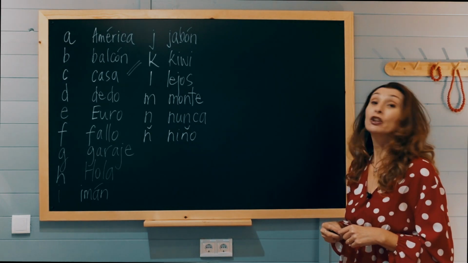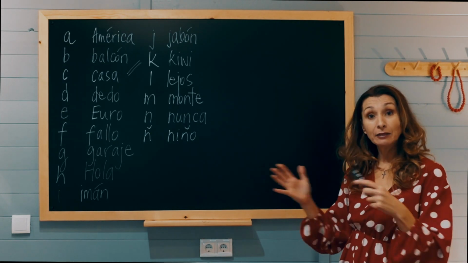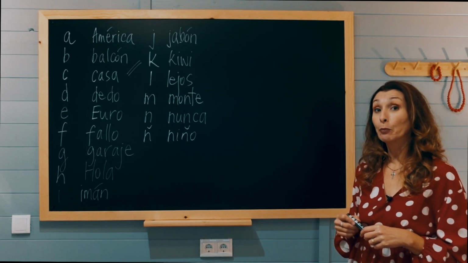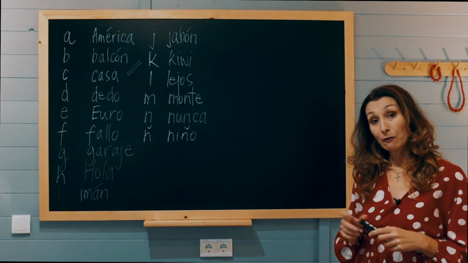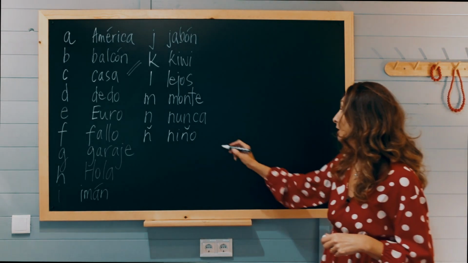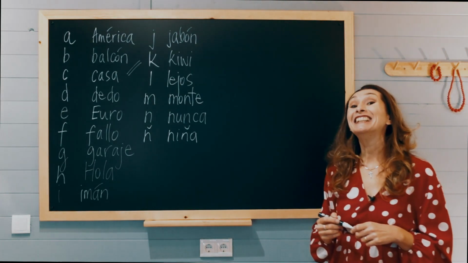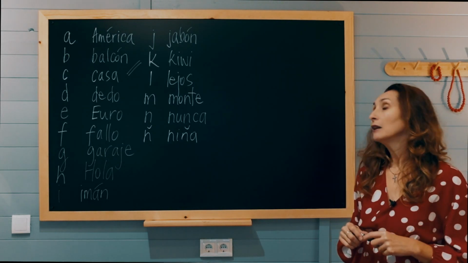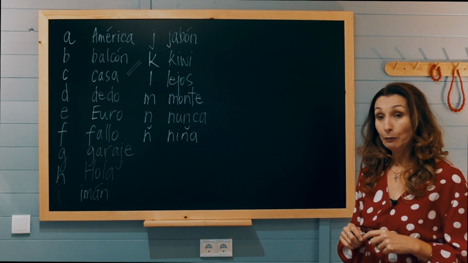Okay, niño, a child, either a boy or a girl, or it can mean a boy. If you want to specify that it's a girl, then it's niña, okay? But niño can be either or only a boy, okay?